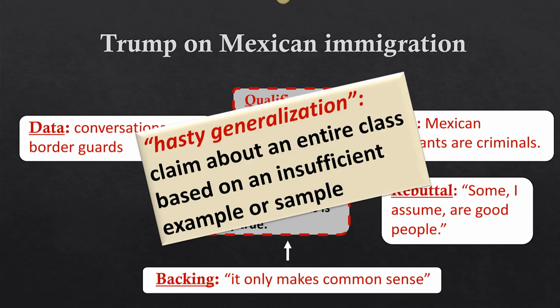A hasty generalization, in brief, is a claim about an entire class based on an insufficient example or sample. Trump is painting with an amazingly broad brush about the way that most Mexicans who come into the United States are criminals, when in fact there are very few, if any, examples of that being the case, and those examples are really atypical and not really representative of the Mexican immigrant, generally speaking.